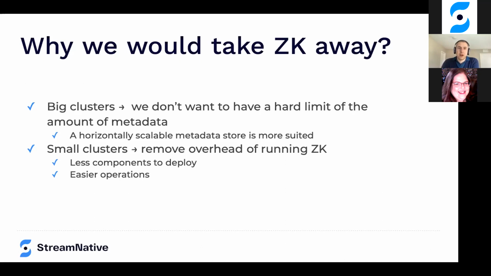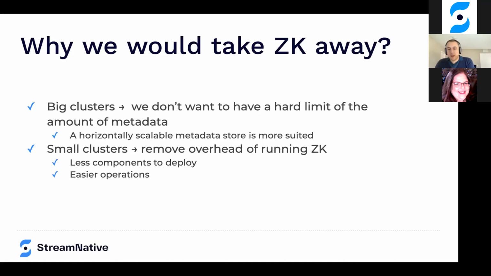If brokers are horizontally scalable and bookies are scalable, you want to be able to add nodes indefinitely, or at least have that limit pushed much higher. If we have the metadata constraint, that is not indefinite.